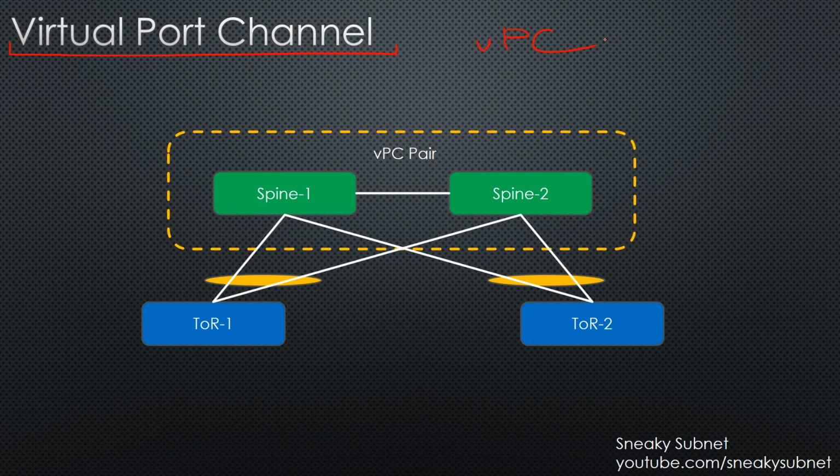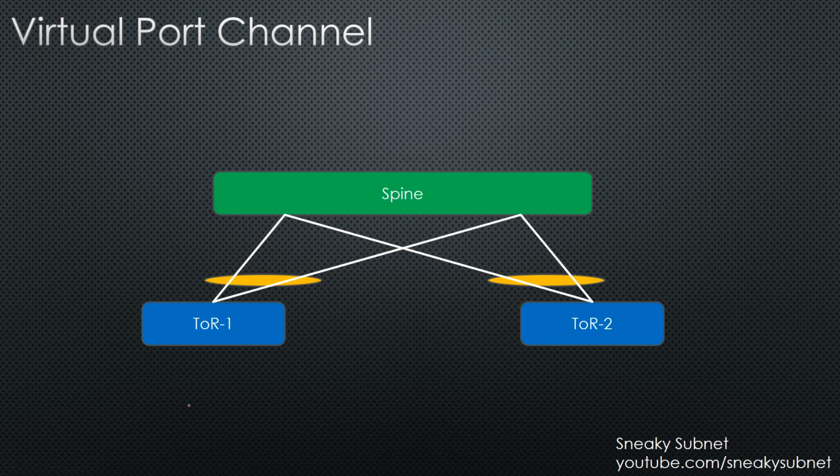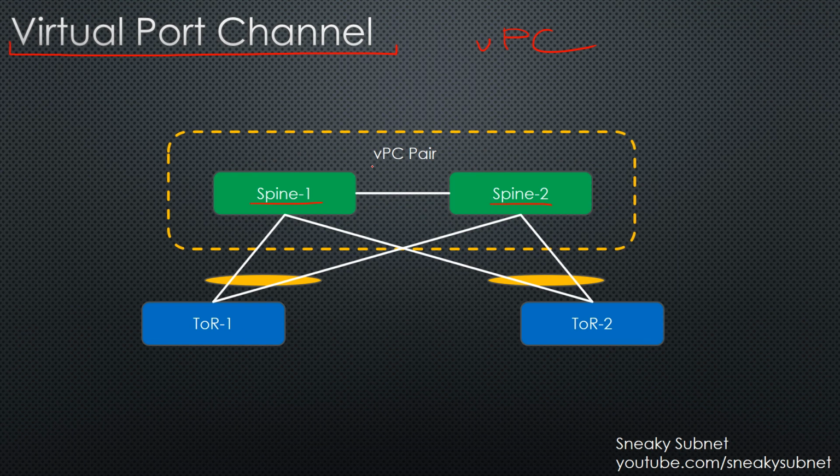This technology allows us to pair our devices, to pair spine 1 and spine 2, and these devices will appear to our top-of-rack switches as a single big switch. So top-of-rack switch number 1 and top-of-rack switch number 2 don't know that this big guy is essentially two separate physical boxes.